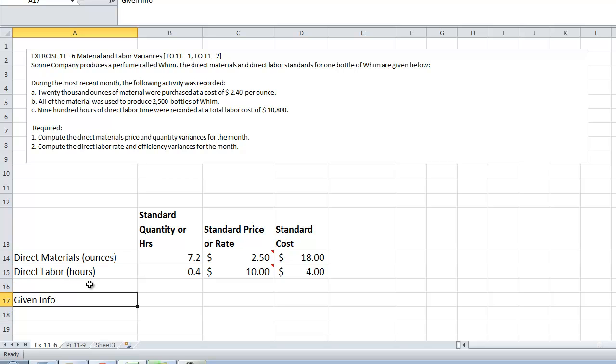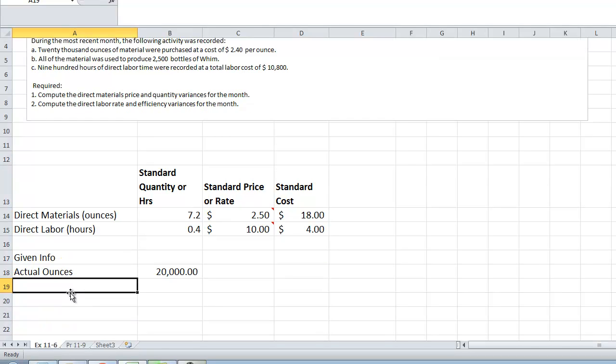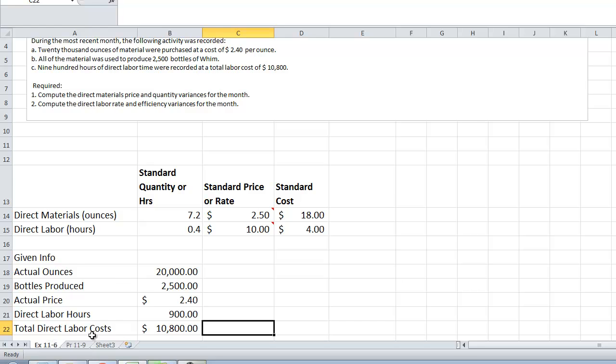We have actual ounces, then we have bottles produced, and then we have actual price, and then we have direct labor hours is 900, and total direct labor costs 10,800. Okay.